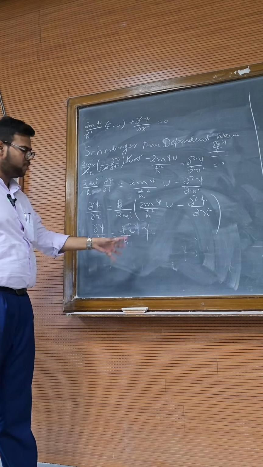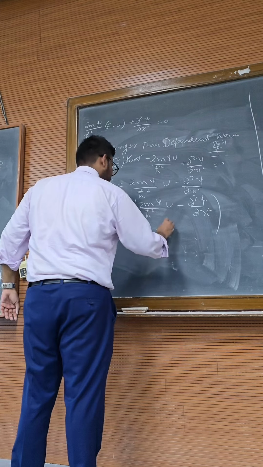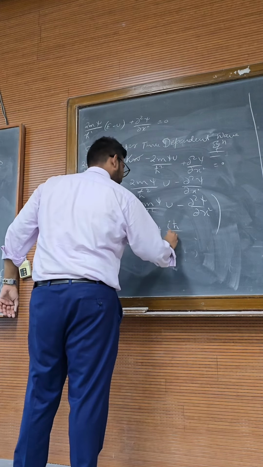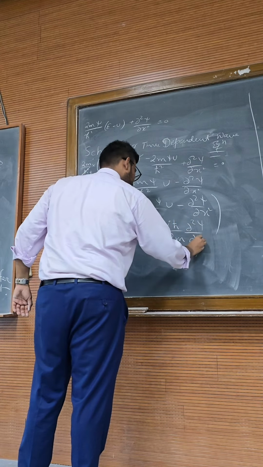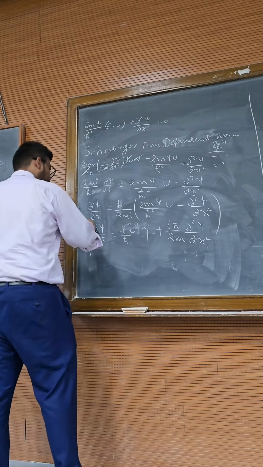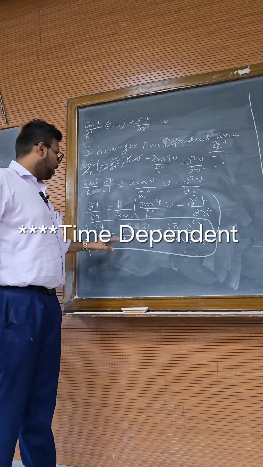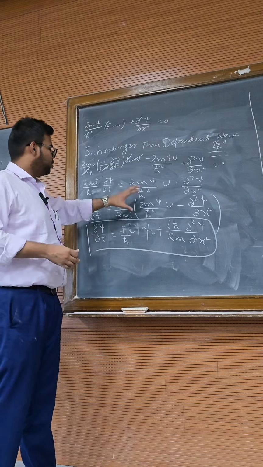If there is, please tell me in the comment section. Minus or plus iħ by 2m into ∂²ψ/∂x², and you get the Schrödinger equation. So I hope you understood this thing, how it is proved, right?